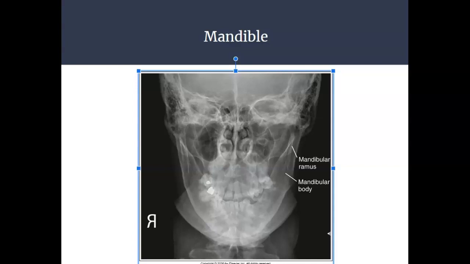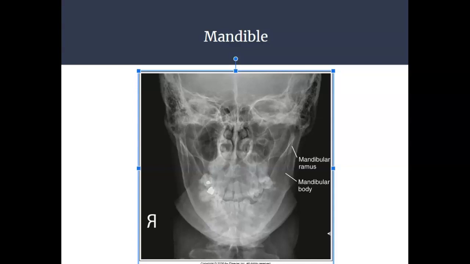The mouth should be closed with the teeth together. The TMJs should be demonstrated on the same horizontal plane. A point midway between the mandibular rami should be at the center of the exposure field, and the entire mandible is included within the exposure field.